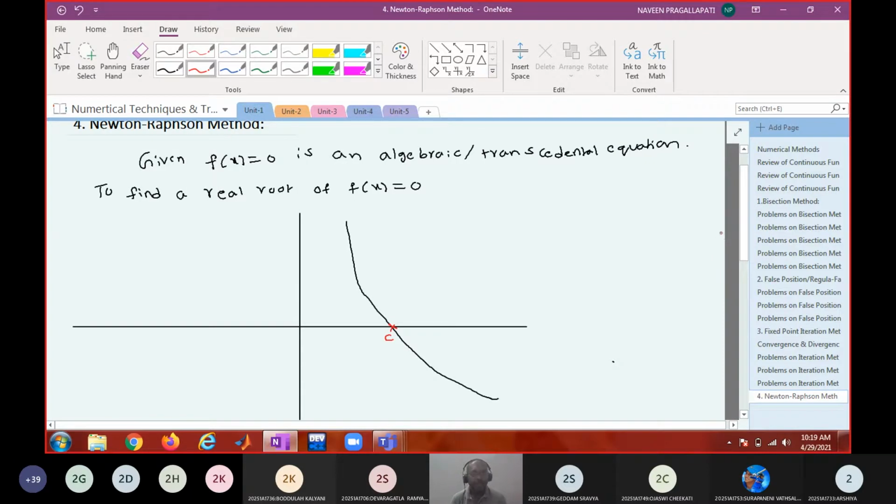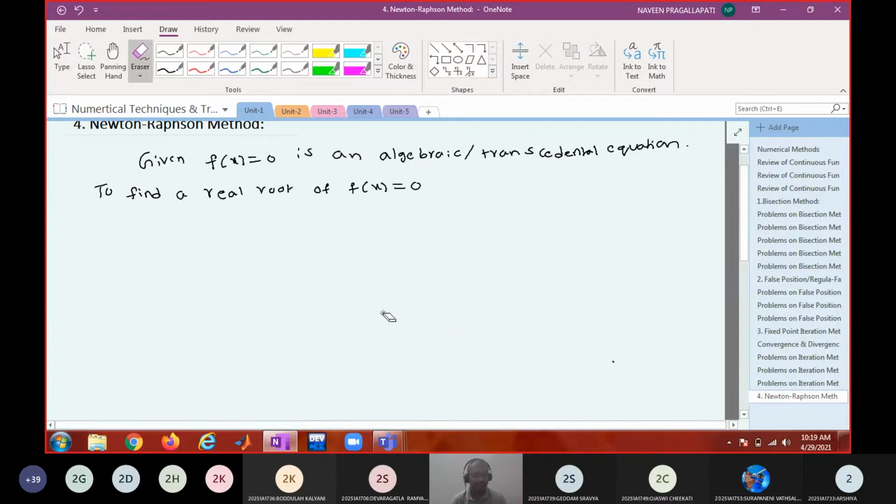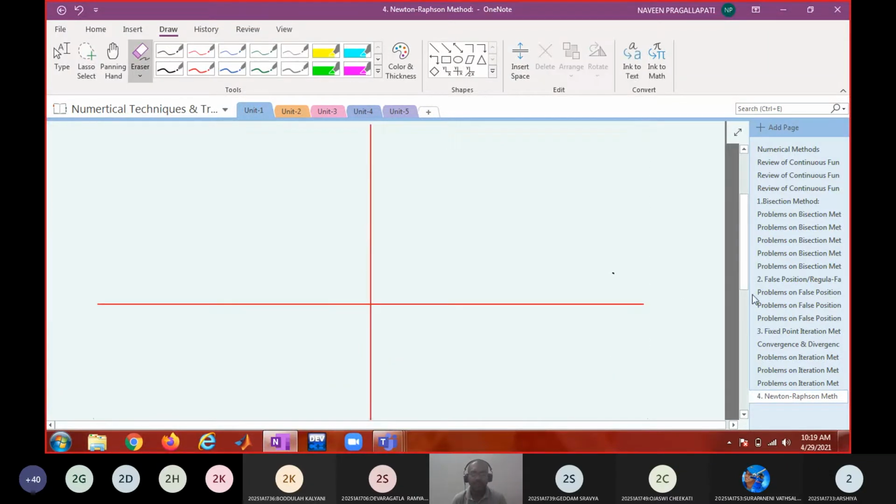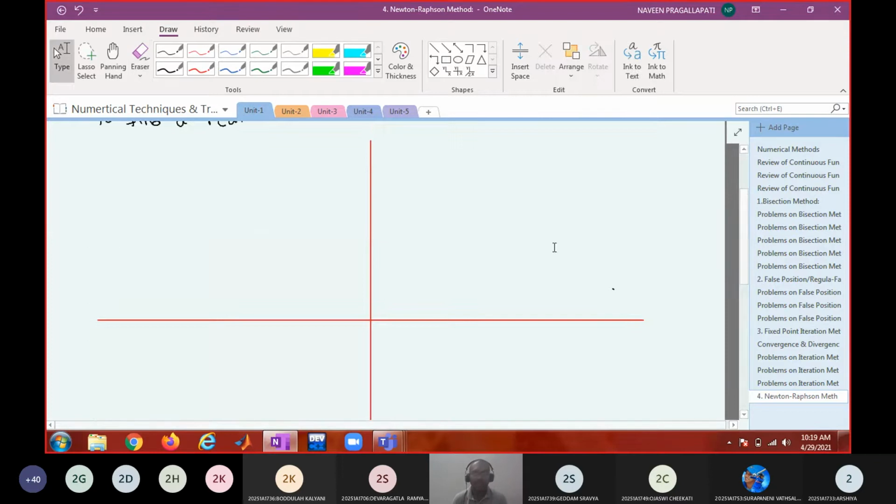Okay, so let me draw it once again. I want to flatten the graph somewhat, like this.